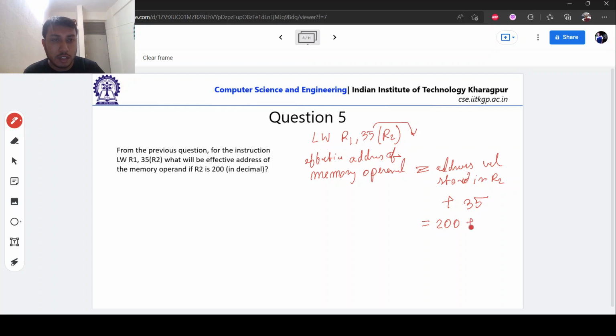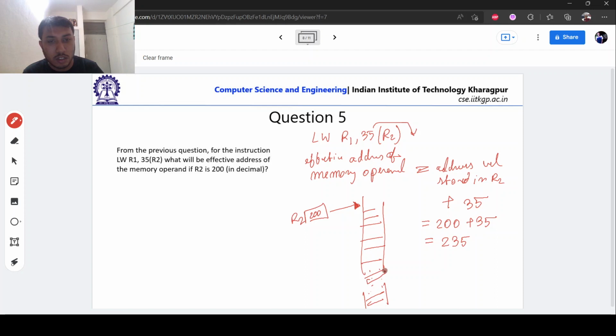So what is the value stored here? 200 plus 35. It comes from the same concept. Suppose this is R2, this is 200. Suppose this is the base, it is stored.